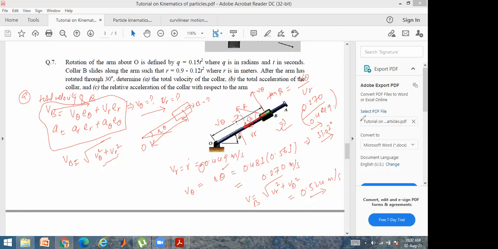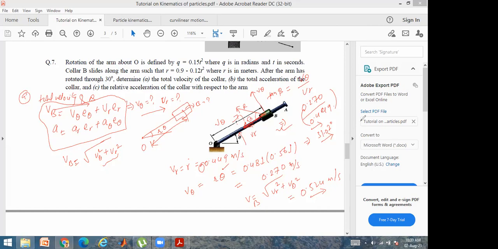ठीक छ, यो दुईटा फर्मुला तिमीहरुले याद राख्नु पर्यो, नर्मल र टेन्जेन्शियल कम्पोनेन्टमा an र at को. सिमिलरली रेडियल कोअर्डिनेट सिस्टममा v will be expressed as vθ eθ plus vr er, similarly a will be expressed as aθ eθ plus ar er. 0.524 आउँछ यसको.